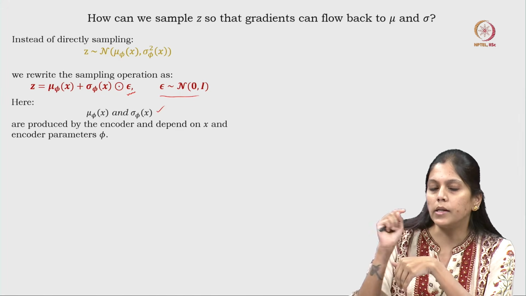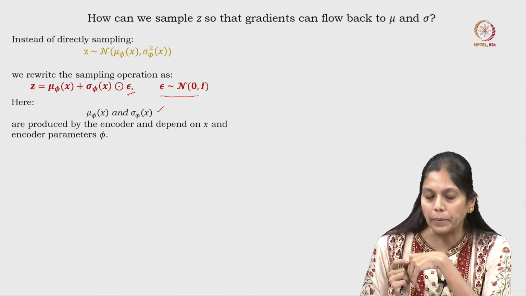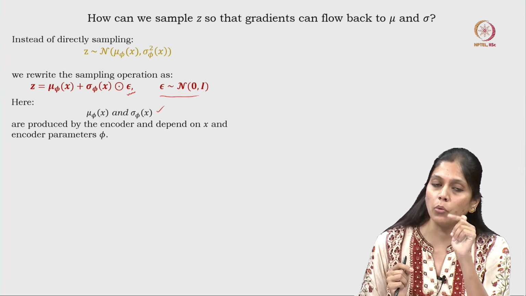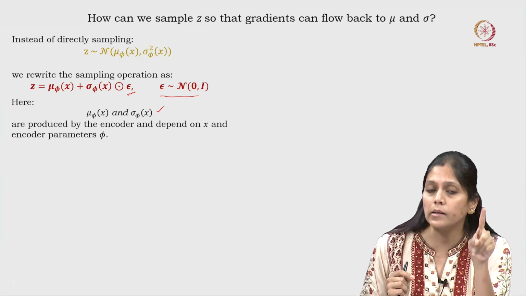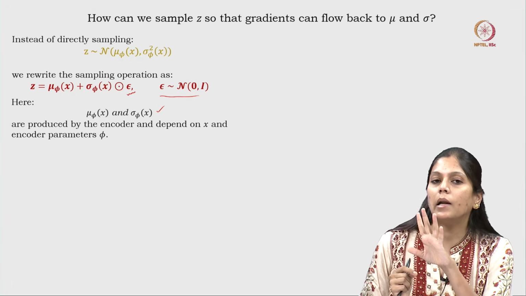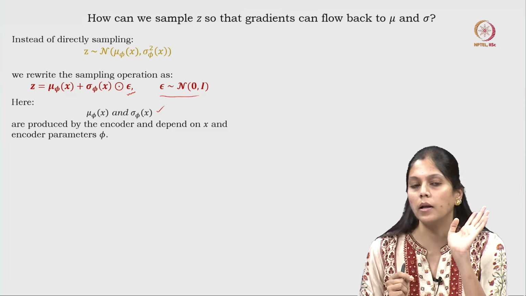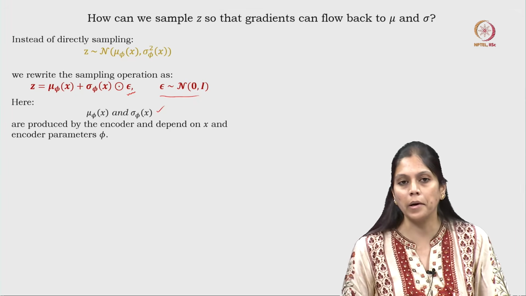That randomness is what this epsilon is giving us. Now, you can ask the question, ma'am, again there is randomness here. Yes, there is randomness, but it is completely independent of the mean and the standard deviation.